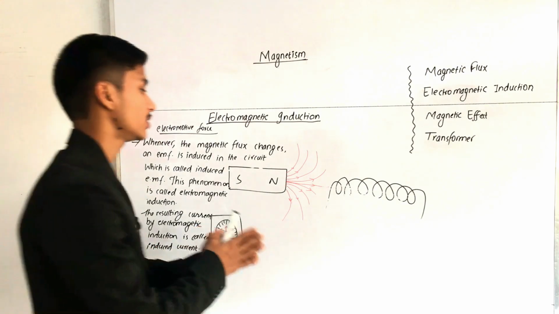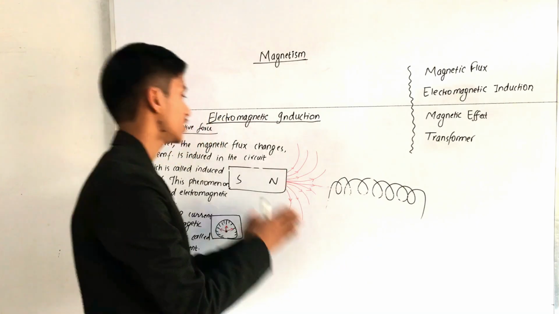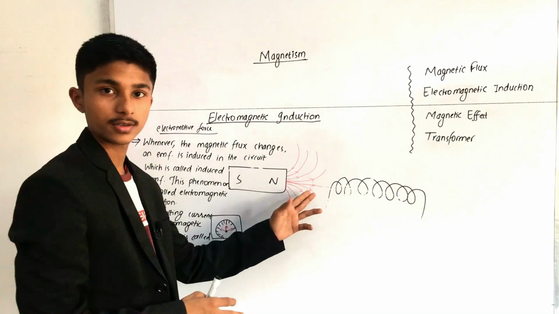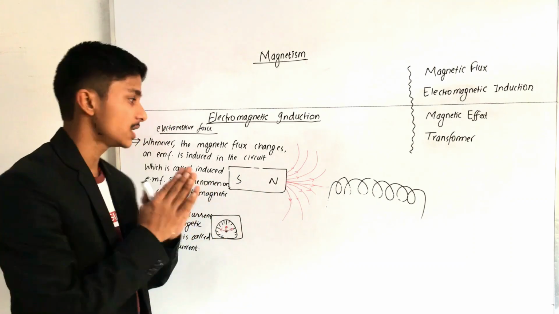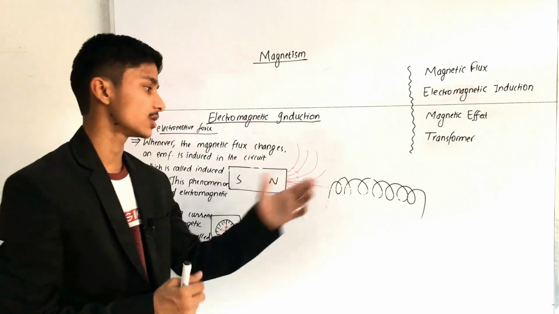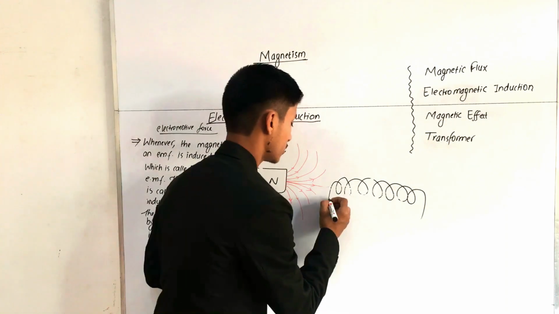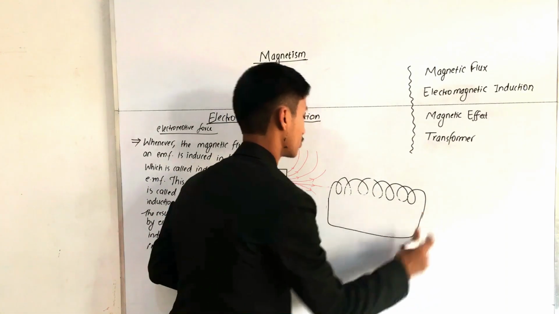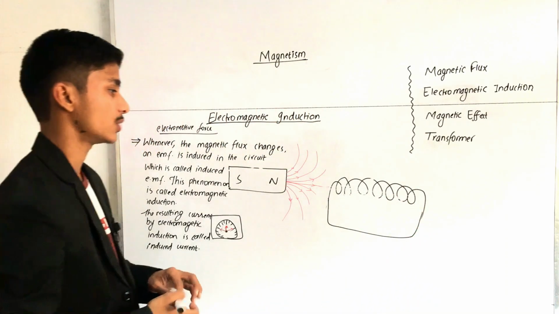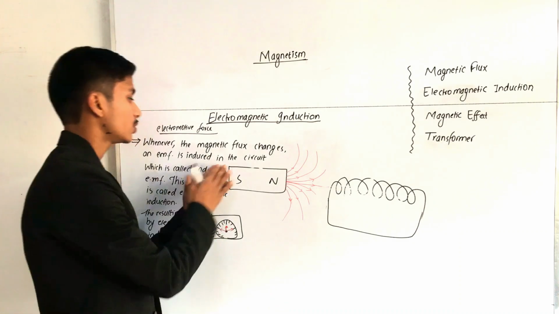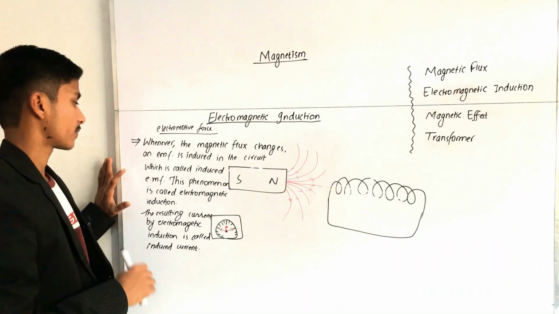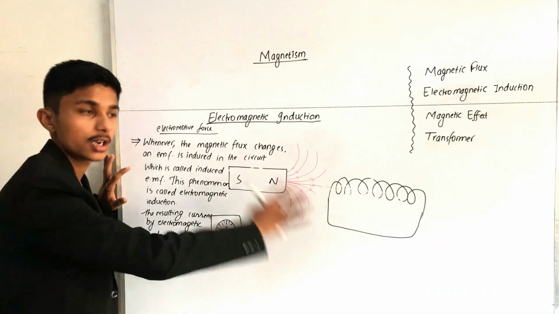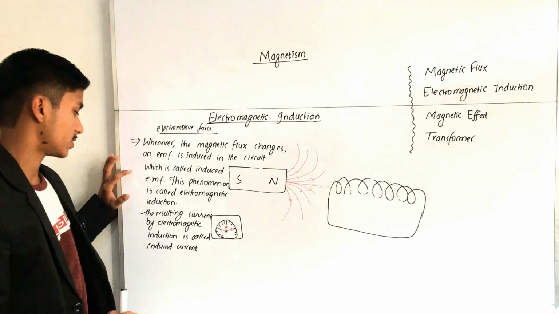What I told you here: when the coil is moved, the magnetic flux gets changed. And due to this change in magnetic flux, an EMF is induced in this circuit. Your circuit should be a closed coil. So an EMF is induced in this circuit, and this phenomenon is called electromagnetic induction.